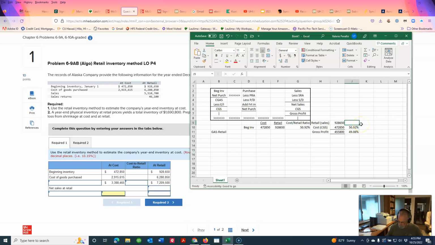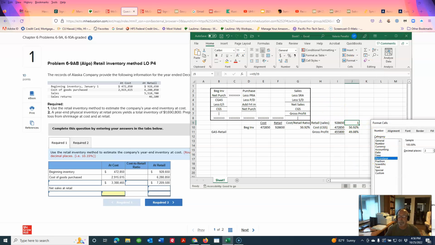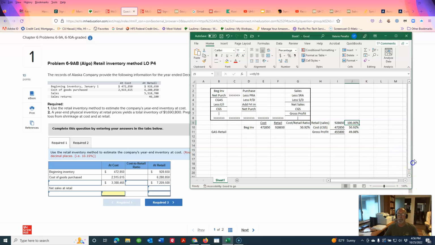And so our sales then becomes our 100% amount. Cost to retail ratio is cost divided by retail.